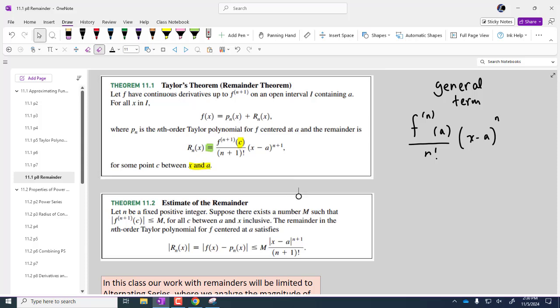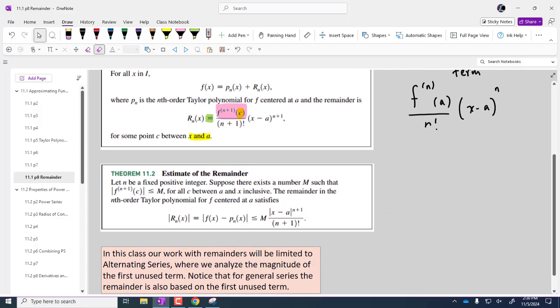But what you can do is get an estimate on the maximum value of this function here. And that's what this next statement says. It says, okay, well, there's this weird c, we can't find it.